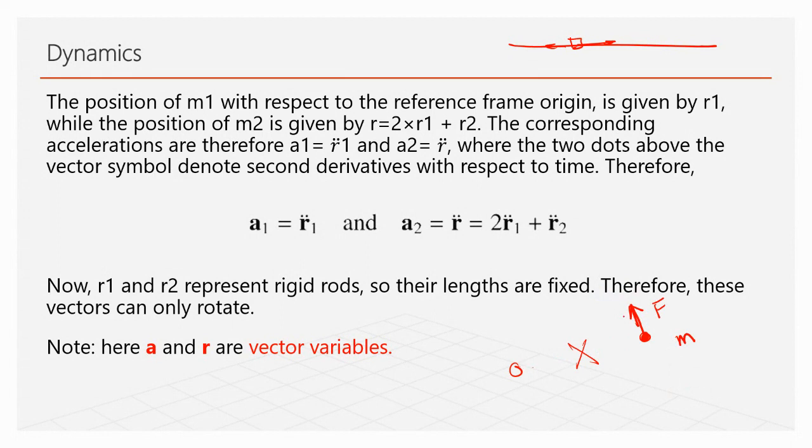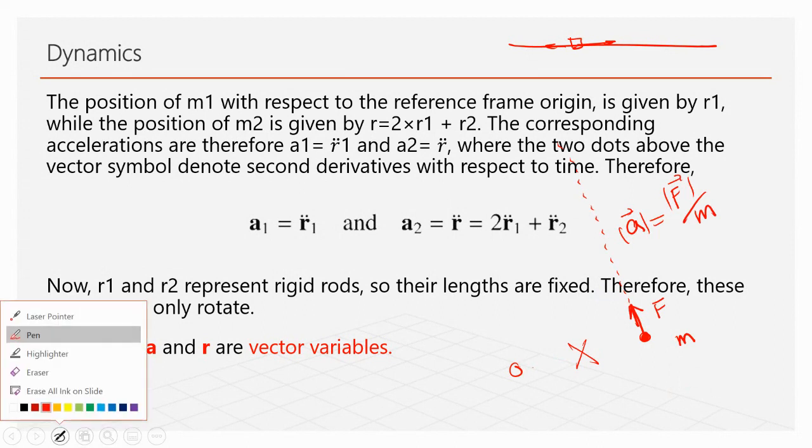This object starts moving in the direction of the force. It gets accelerated. The value of acceleration will be the value of the force you're applying divided by m. Pretty simple, right? That's if I don't have any link. What if I have a link?